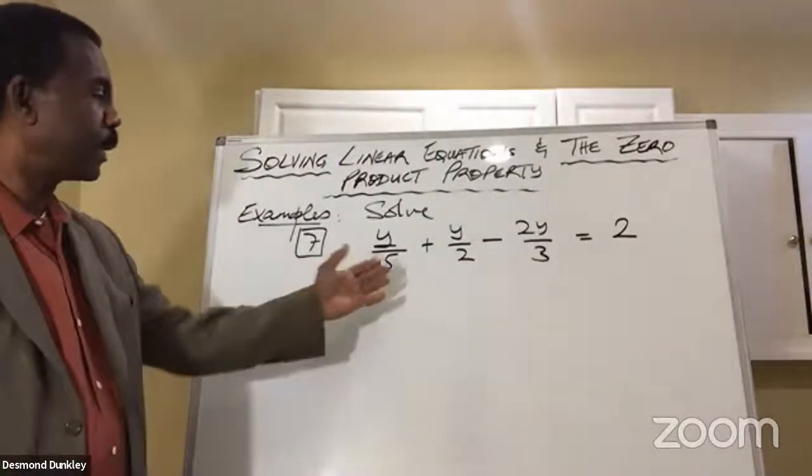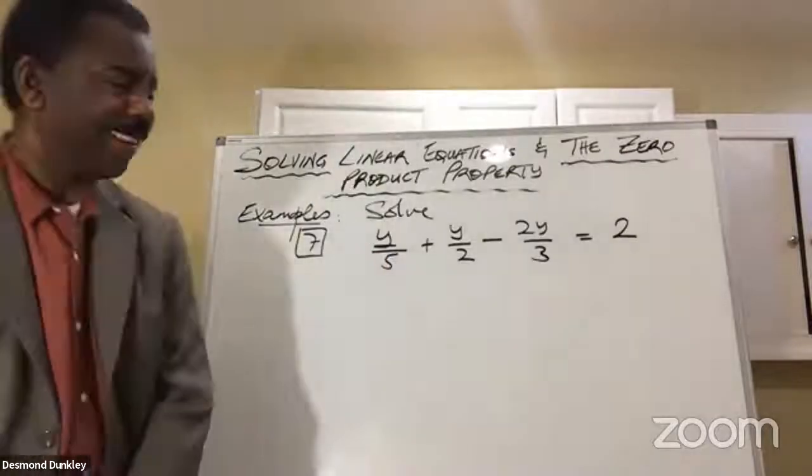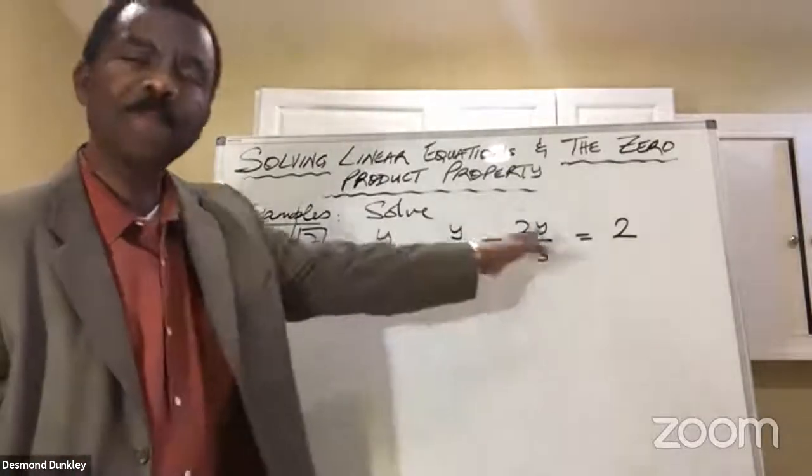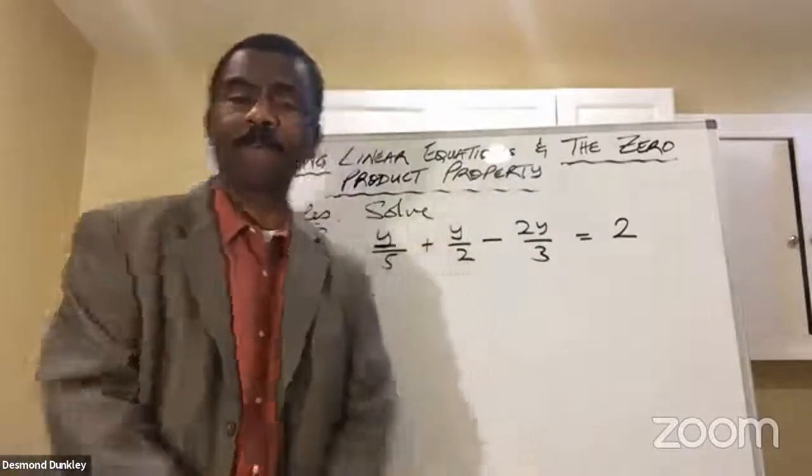How do you solve that? That's ugly. A fraction plus a fraction minus a fraction equal to a whole number.